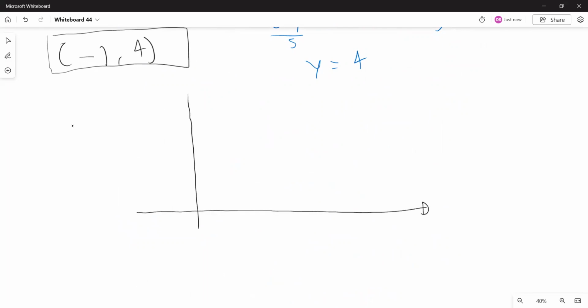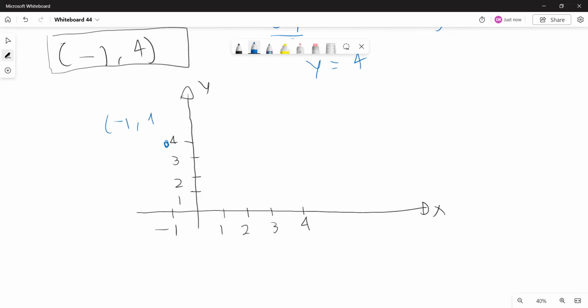Okay, for the y values, we got them up to 4. X values, we got also up to 4. Okay, so the checkpoint was -1, 4. The x-intercept was 4, 0.